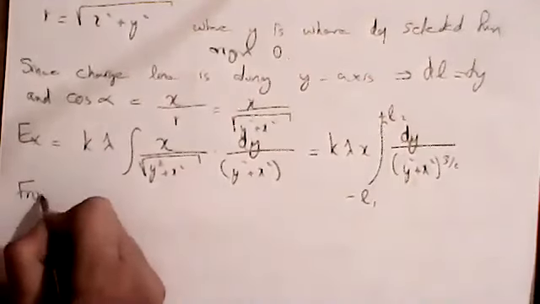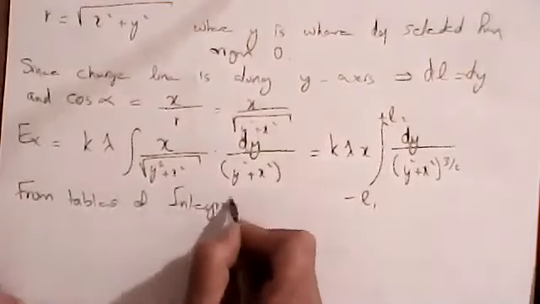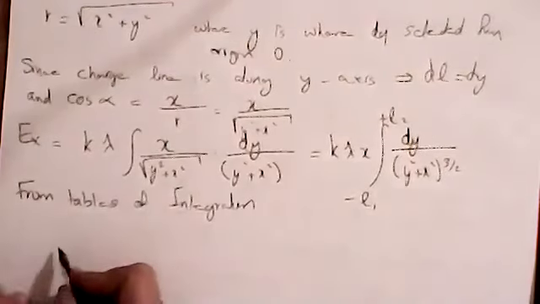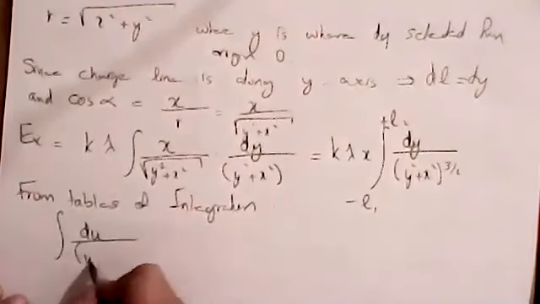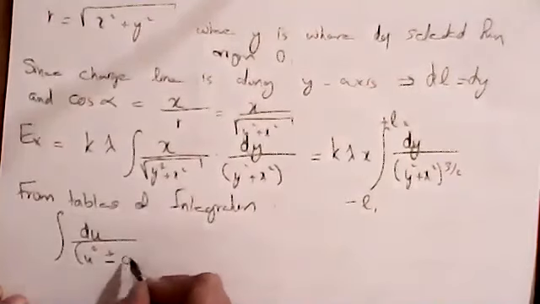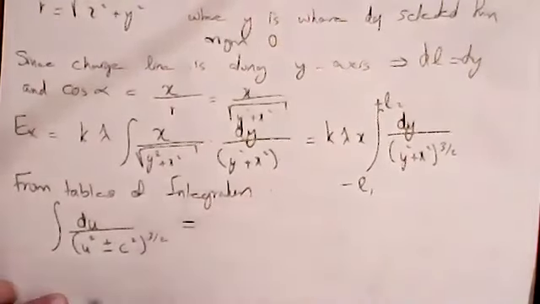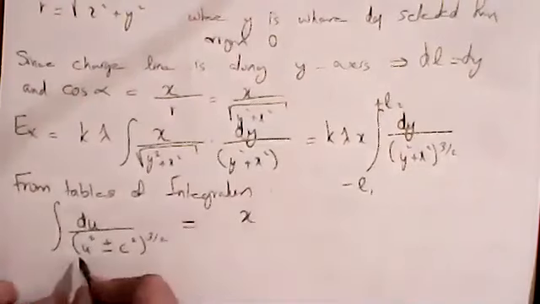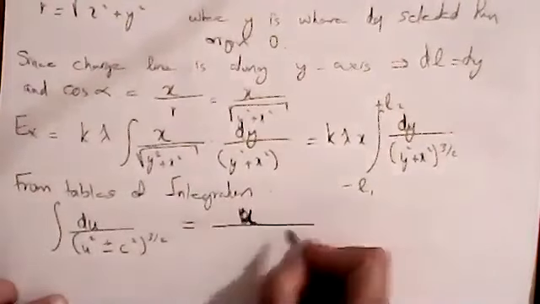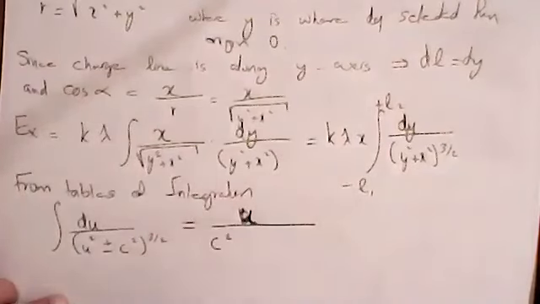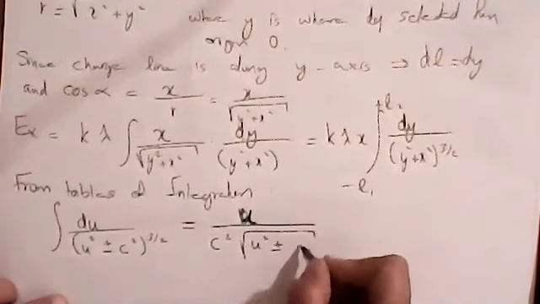We're able to find it from tables of integration, which says if you have an integral of the form du over y square minus or plus a constant square to power 3 over 2, then without the proof it's equal to x, the variable, over the constant, as it is, meaning over c square, but this time radical u square minus or plus c square.